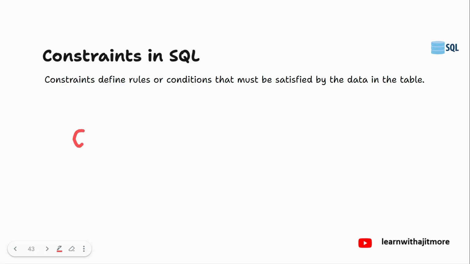Then we have check constraint. Now, using check constraint, you can apply any condition on the values of that column. Whatever values are there, they all must satisfy that condition.